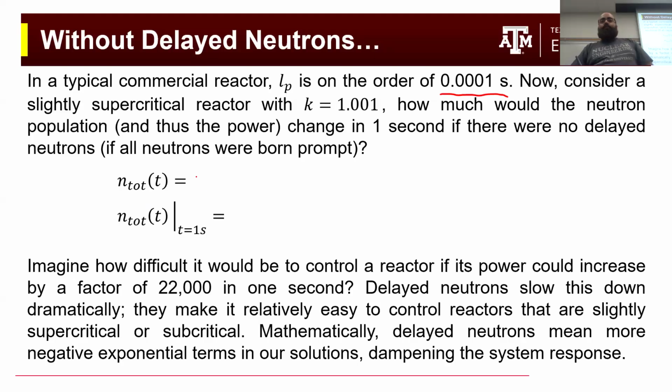The total neutron density we can write as the initial density n naught times e to the omega t.